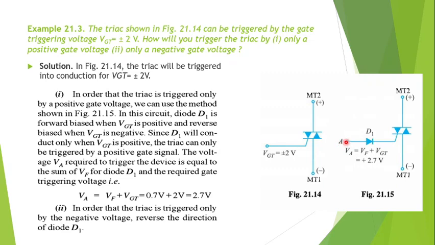So what should be the voltage that we need to apply here? This voltage will be the sum of the voltage drop across the diode, which is 0.7 volt, and the 2 volts required to turn on the gate. So total 2.7 volts need to be applied here to turn on this triac. In the second case, where we need to allow only a negative gate voltage, we just reverse the direction of this diode D1.